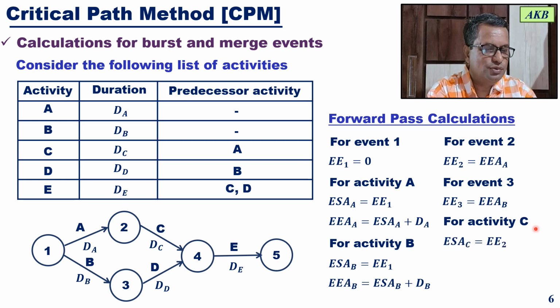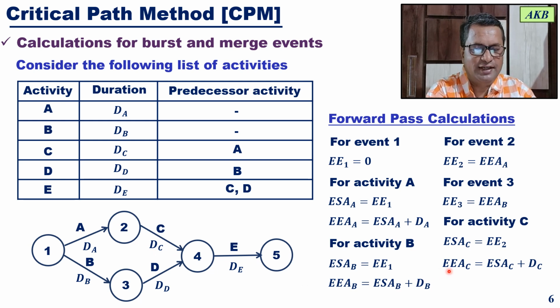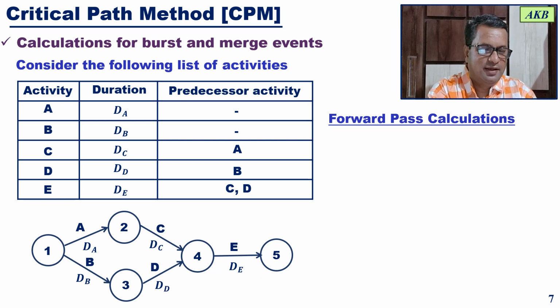Then you have to do calculations for activity C. The earliest start time for activity C will be equal to the earliest event time for event 2, and the earliest end time for activity C will be the earliest start time for activity C plus the duration of activity C. Okay.